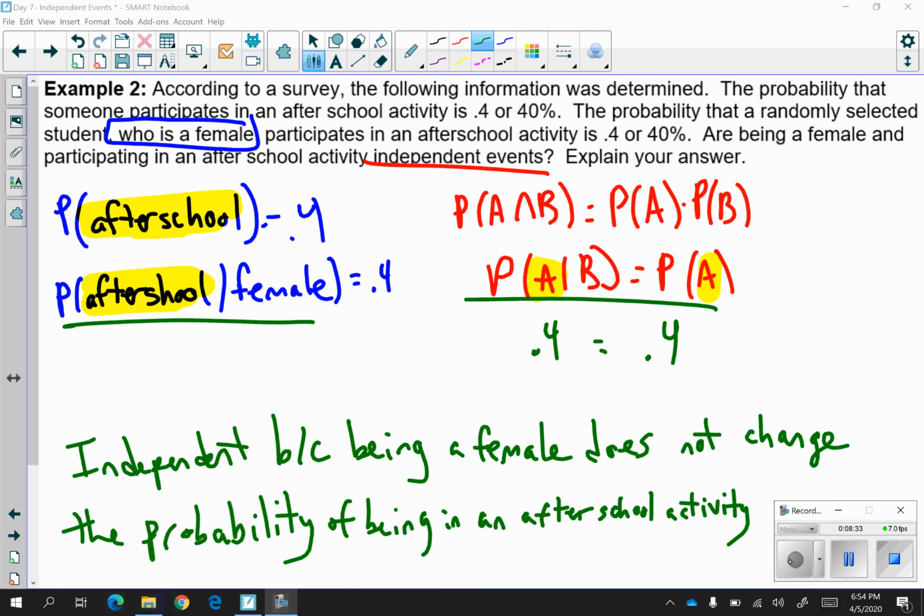So basically, your explanations should say, what is your condition? And you're going to use that condition and say, hey, being a female, our condition, didn't change what we were originally testing, the probability of being in an after-school activity in this case.